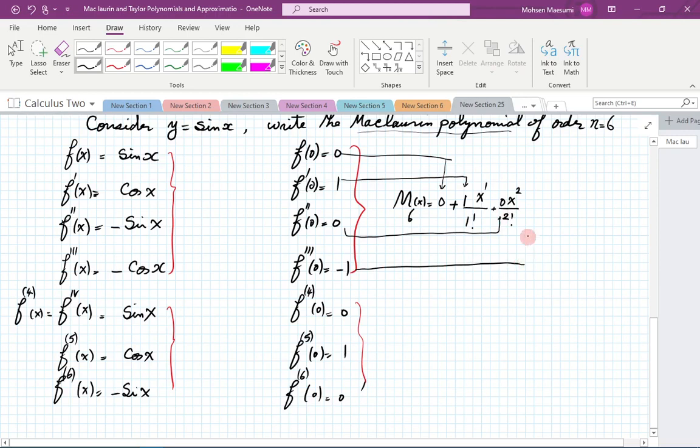For 3, it's minus 1 x to the power of 3 over 3 factorial. Then I have 4, 0 x to the 4 over 4 factorial. Then I have 5, and I have 6.